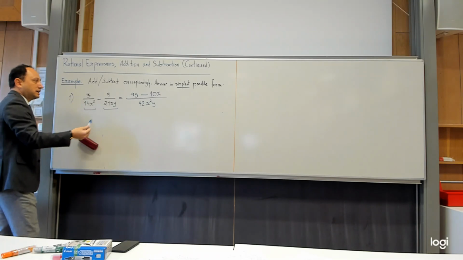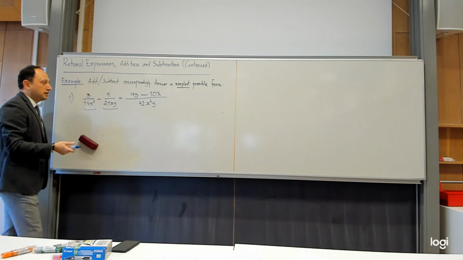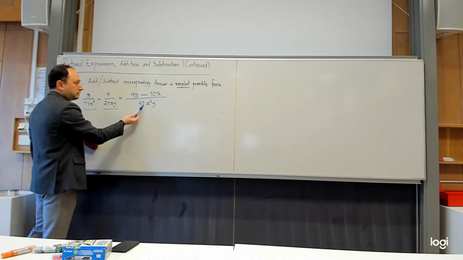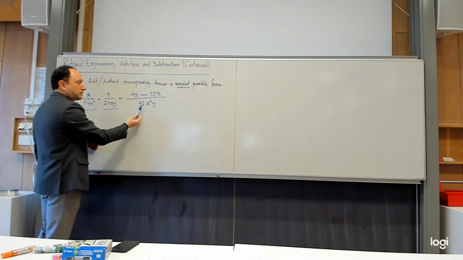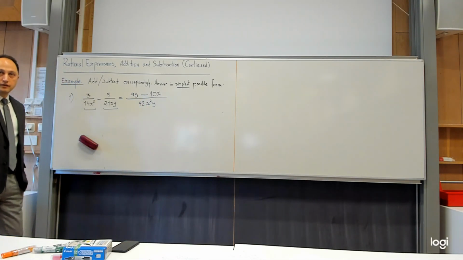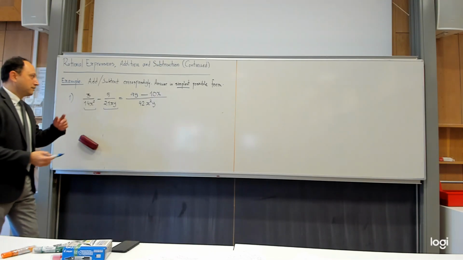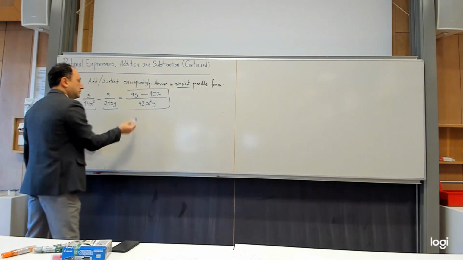You need to think, can I simplify this more? I need to factorize the numerator and the denominator. The denominator is already in factorized form, but the numerator, can I factorize it? No. So nothing can be simplified in this form. That would be the final answer to this problem. Very simple.